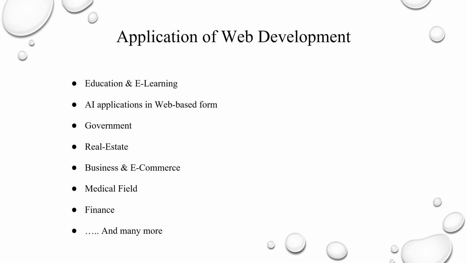Web development is used in education and e-learning. It is using AI applications in web-based form. It is used in the government sector as well as in real estate. It is also used in business and e-commerce. It is used in the medical field and finances.